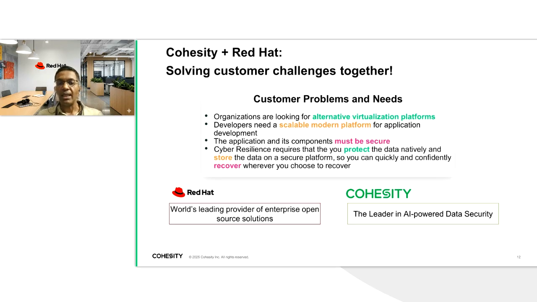And beyond the immediate security aspect itself, being able to manage cyber resilience, being able to protect your data, store it in a secure way, and then recover wherever and whenever you need to, all that is essentially table stakes at this point. So with this problem statement in mind, Red Hat, as the world's leading provider of enterprise open source solutions, and Cohesity as the leader in AI-powered data security, are working very closely to solve the problems of providing the platform and then also being able to secure it in a comprehensive way.